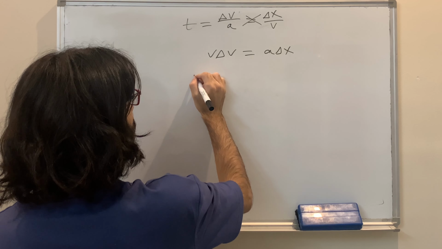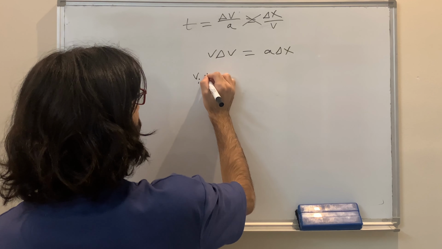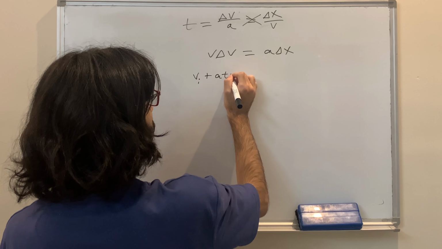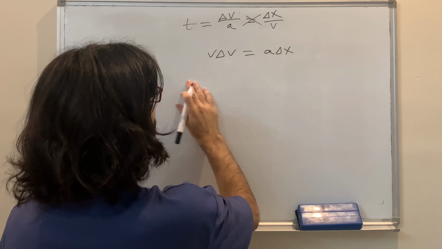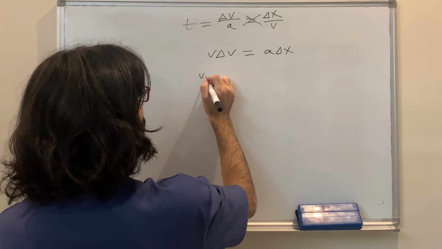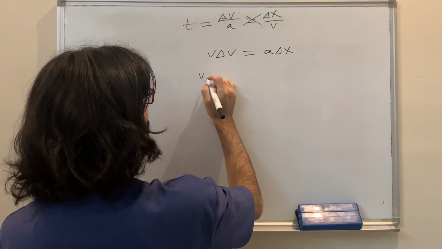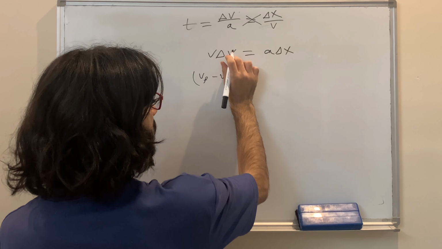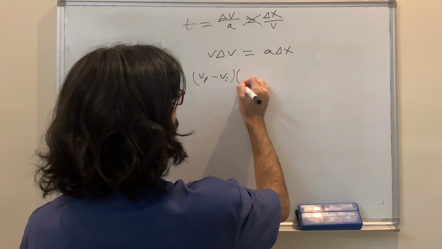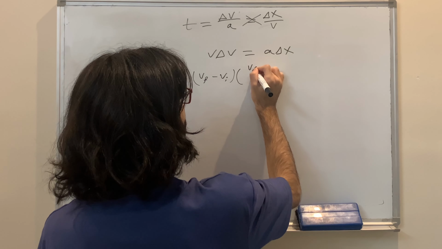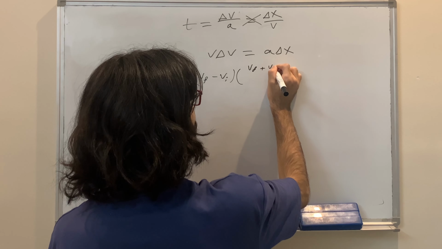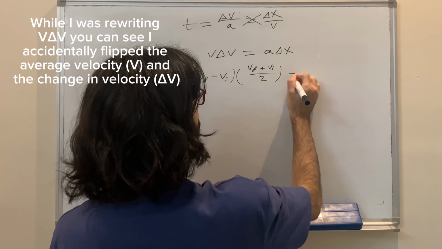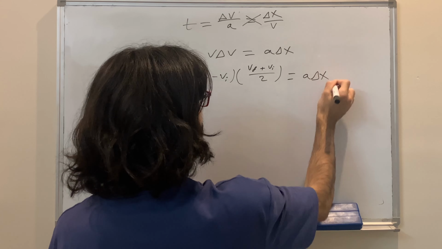So delta v is v final minus v initial, and v is gonna be the average velocity, which is v final plus v initial over 2, equals a delta x.